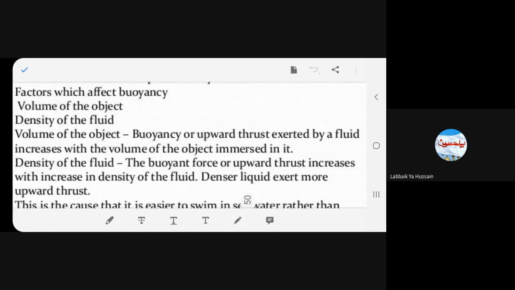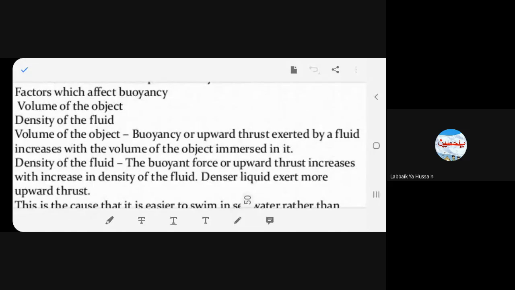For example, we take two fluids, say water and say oil. We know that water has lower density than oil. So the denser liquid is oil.